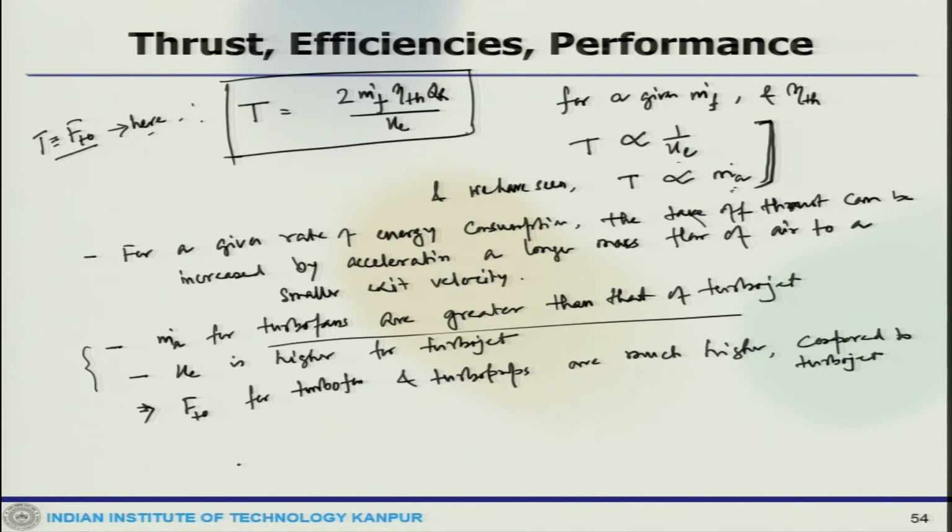So, that is why, as I said, turbofan engines are preferred.